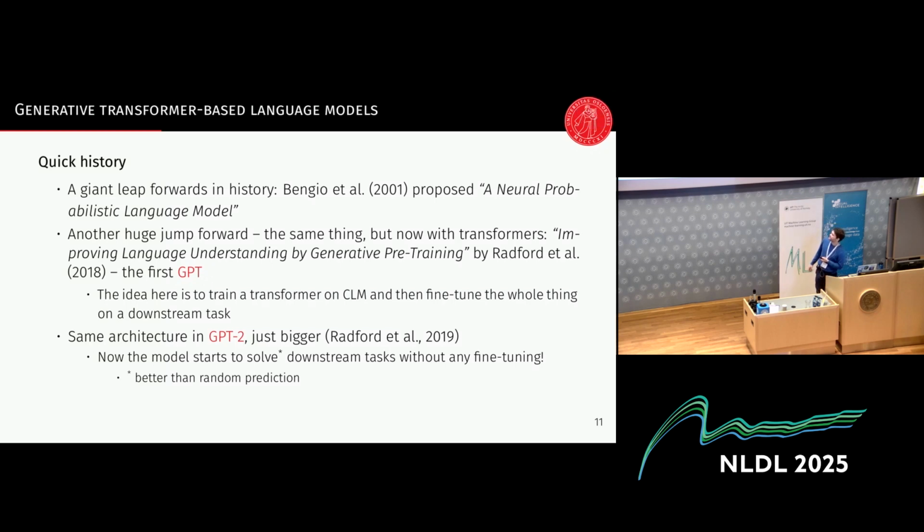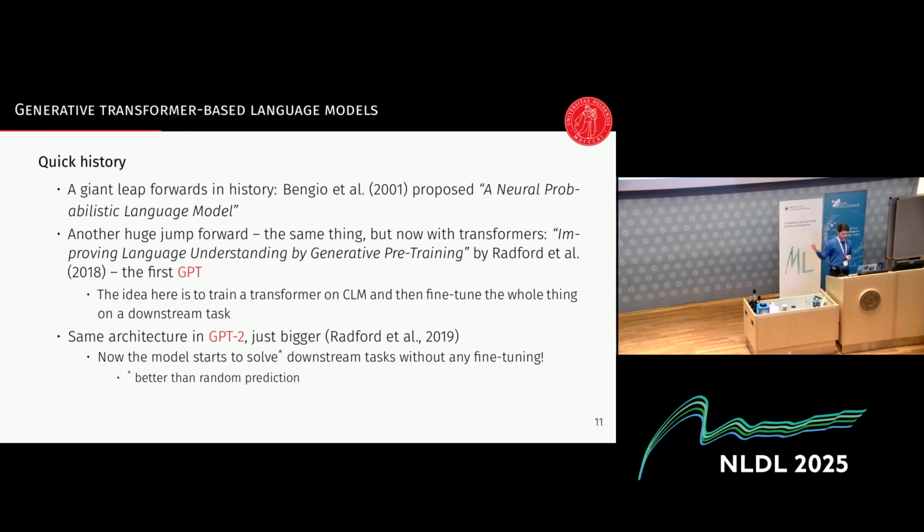Okay, so a quick history of language modeling. We will not get into all the interesting history before neural networks, but the important part was in 2001, when Bengio proposed to solve language modeling by using neural networks for the first time, and it was a big revolution when he showed that it's possible to actually do that.